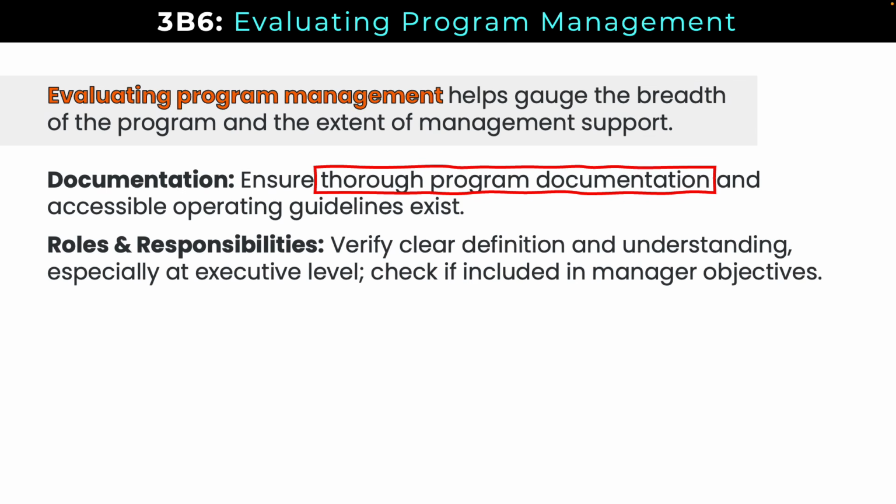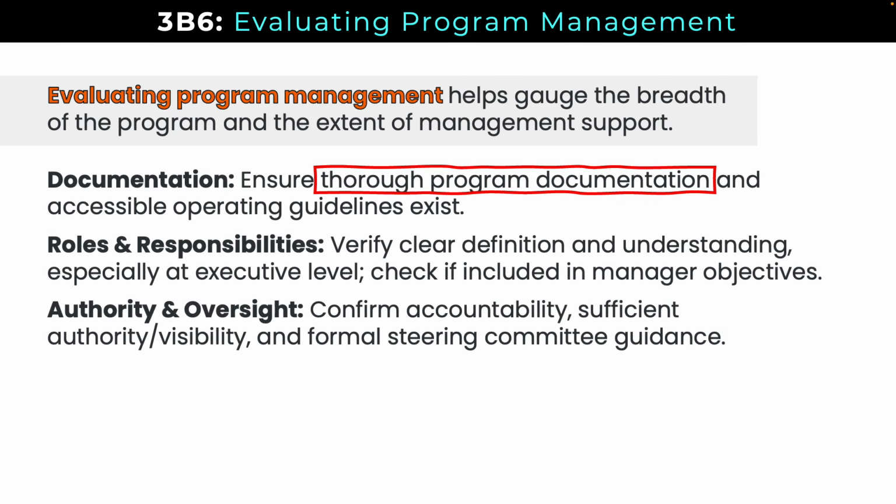Roles and responsibilities, verifying clear definition and understanding, especially at the executive level. We want to check if it's included in manager objectives, so everybody knows who's responsible for what. Authority and oversight, confirming accountability, sufficient authority and visibility, and formal steering committee guidance. But it's all about accountability. If we don't have clear accountability defined, then nobody's accountable.